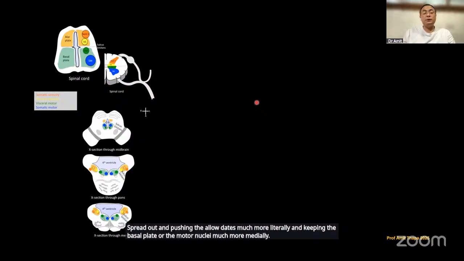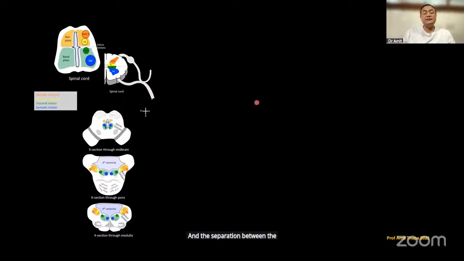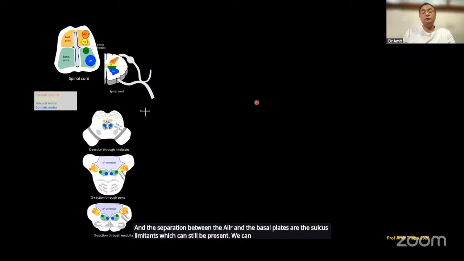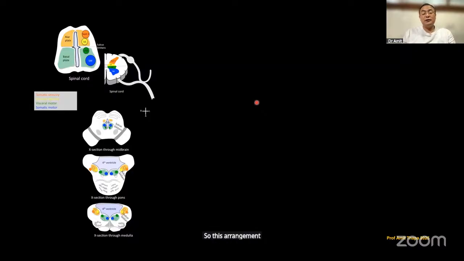The separation between the alar and the basal plates is the sulcus limitans, which can still be seen on the floor of the fourth ventricle, as we will discuss in the future slides. This arrangement is persistent throughout the midbrain, pons, and medulla.